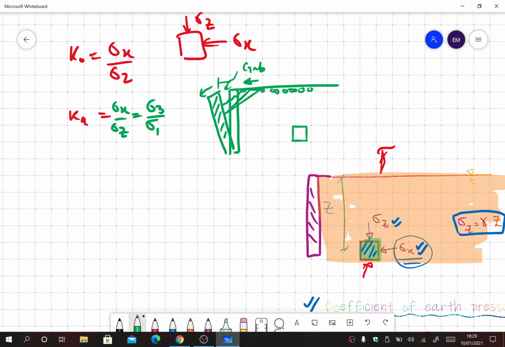So there is reduction in sigma x, because sigma z is constant, as we already discussed. The soil now has free space to move. The confinement from the adjacent particles is relieved, so naturally this value goes down. That's why sigma x is indicated as the minor principal stress and sigma 1 as the major principal stress.